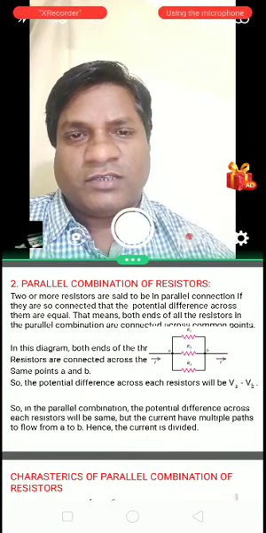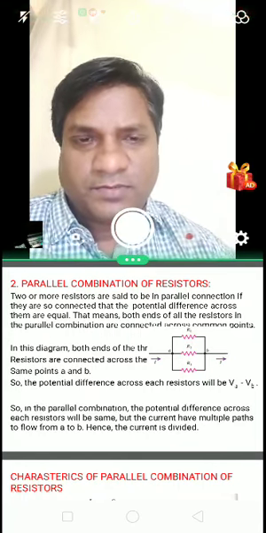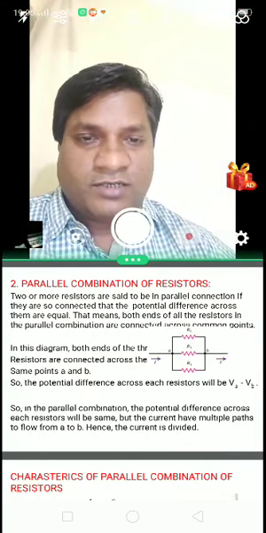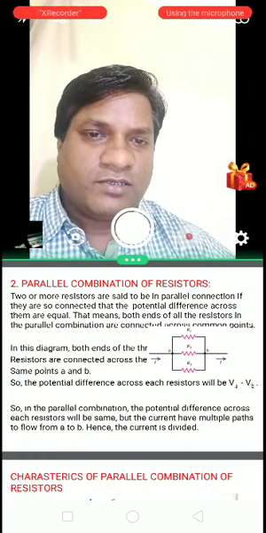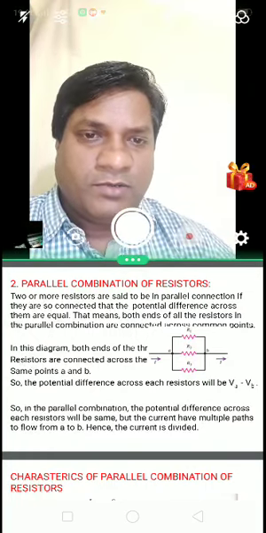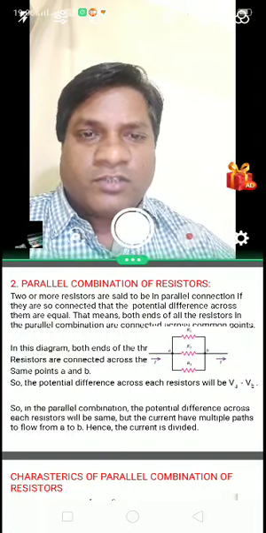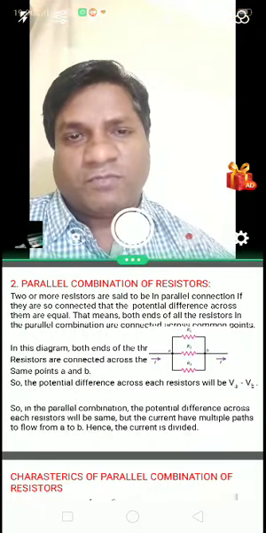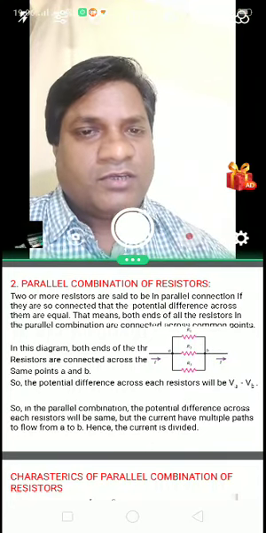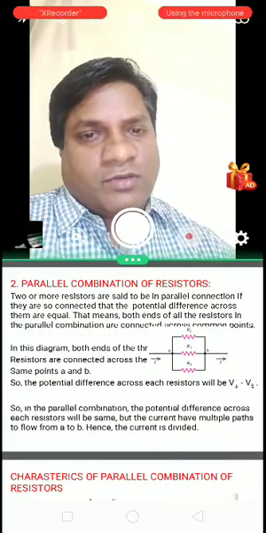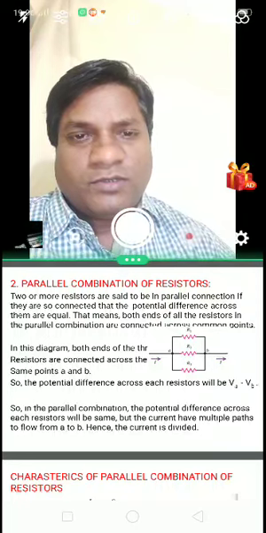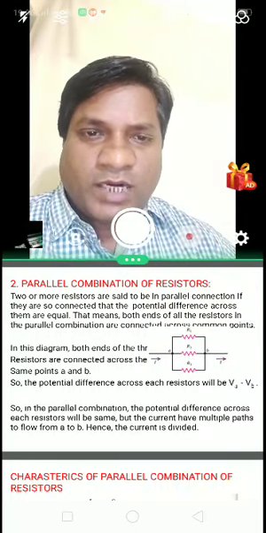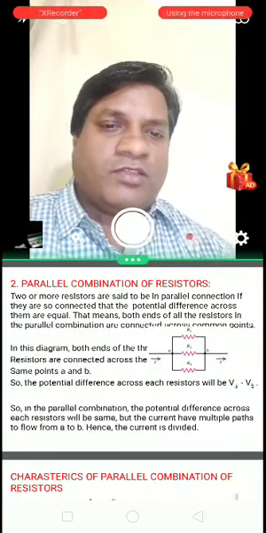The water connection is given to three houses. Then the total water coming in the main pipe will be equal to the water provided to the first house plus the water flowing through the pipe going to the second house plus the water flowing through the pipe to the third house.